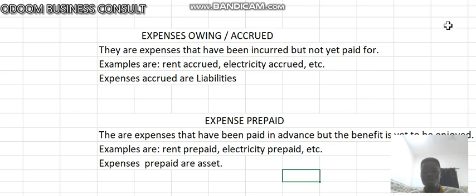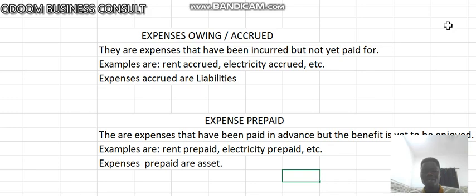So they are all owings. All expenses that you have incurred but not paid for, we term as owings or expenses accrued.